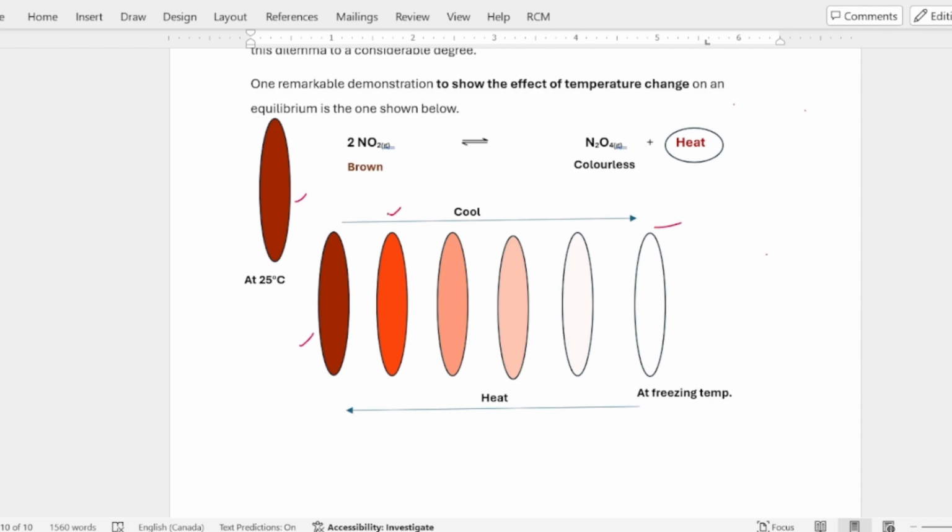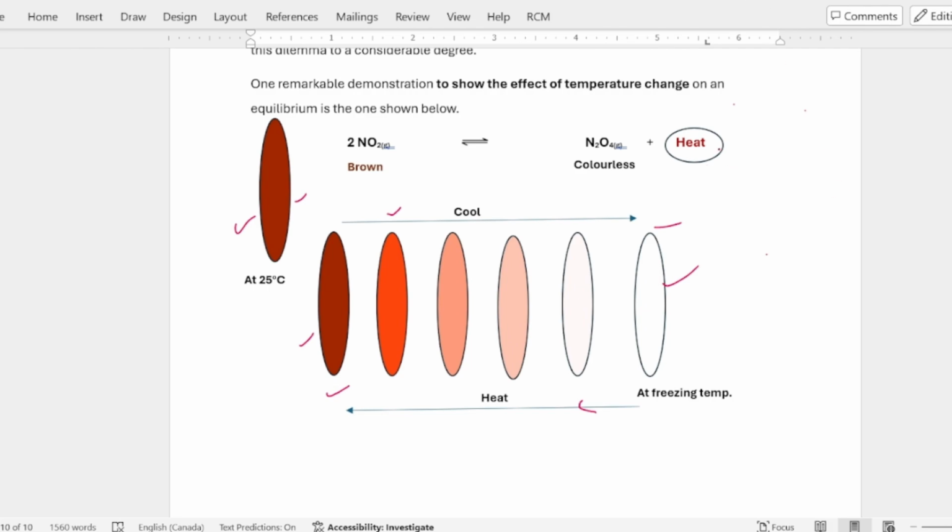So as the tube is cooled, gradually its color changed from dark brown to colorless. Soon after, the test tube was taken out of the freezer and it started to heat up, it reversed in color changes. From colorless, it gradually returned to its original brown color, like this one here that was used as a control. How do we use Le Chatelier's principle to explain these equilibrium shifts?